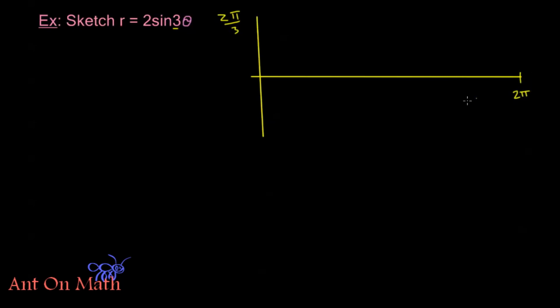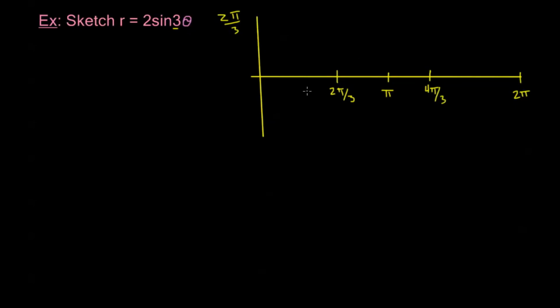So we're going to need to draw out everything, and instead of cutting this in, well, I'll cut it in half for pi, but I'm really concerned with looking at 2 pi over 3, because that's the end of my first period, and 4 pi over 3, that's the beginning of my third period.